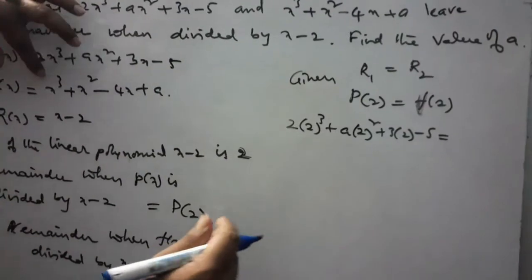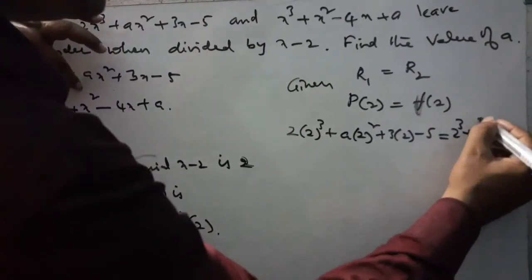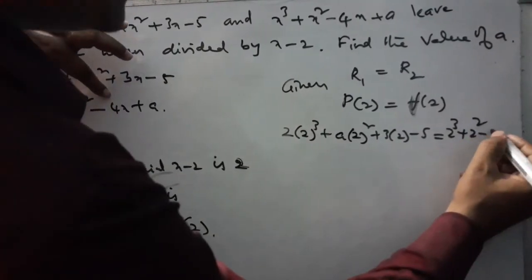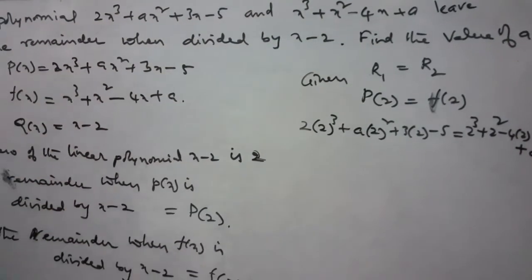Substituting 2, we will get 2 cube plus 2 square minus 4 into 2 plus a.